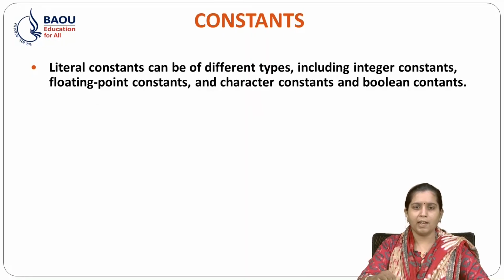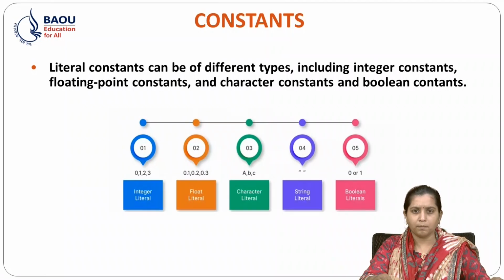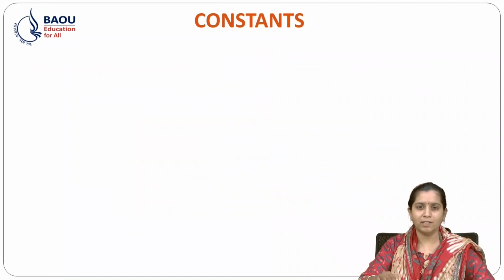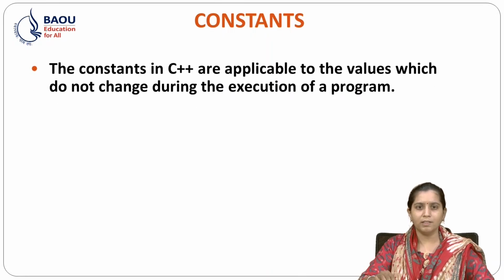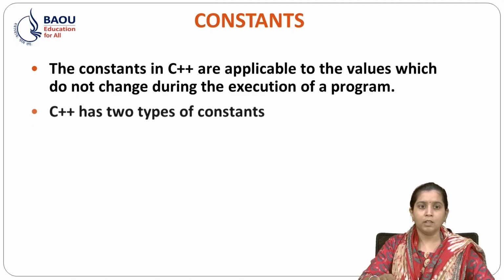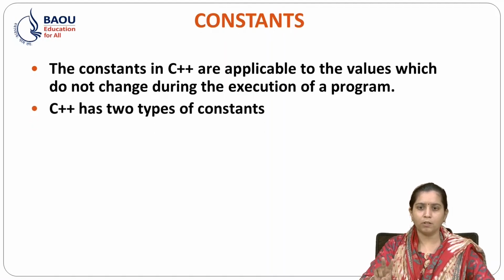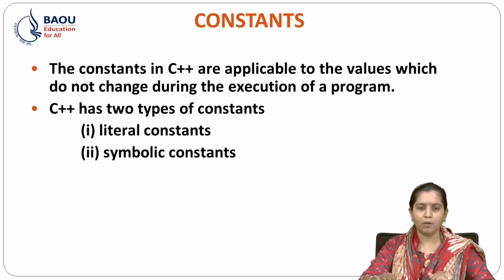Literal constants can be of different types, including integer constants, floating point constants, character constants, string constants, and Boolean constants. Like the name itself, constants are the fixed values in C++ language.